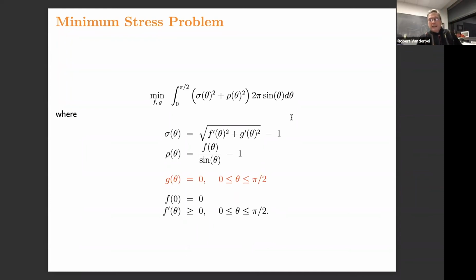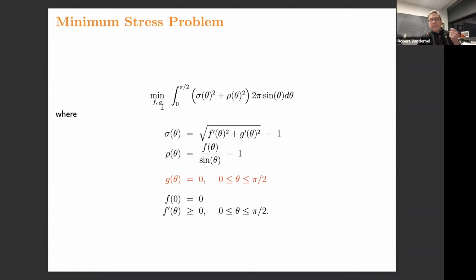And the integral in longitude at each angle theta is, as we said already, the circumference. So that gives us the 2 pi sine theta that we see here. So we originally had a two-dimensional integral, where the inner integral in the longitude direction was just 2 pi sine theta. And so we get this integral over theta from 0 to pi over 2.